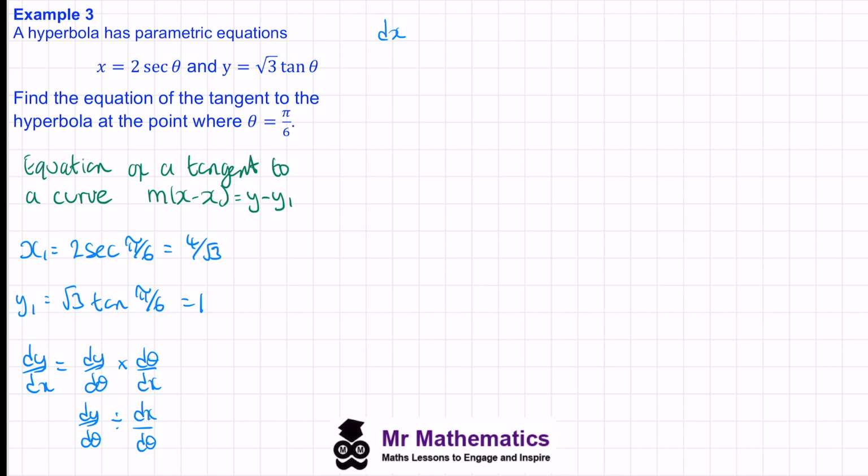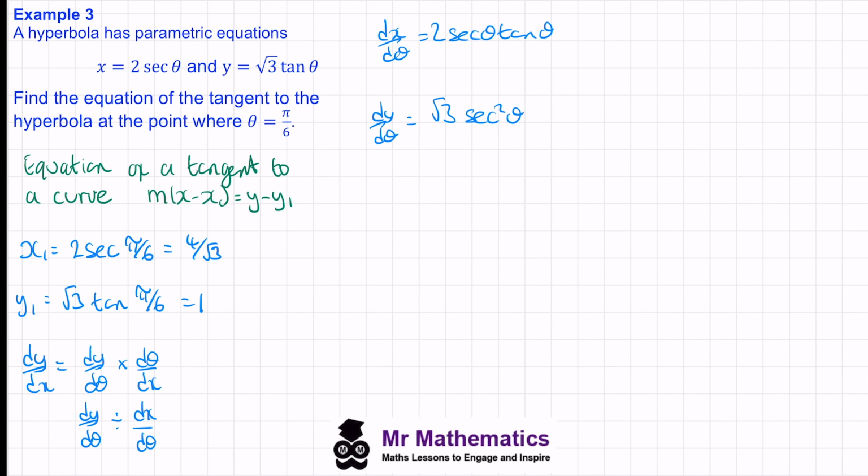So dx by d theta will be the derivative of 2 sec theta, which is 2 sec theta tan theta. And dy by d theta will be the derivative of root 3 tan theta, which is root 3 sec squared theta. And these derivatives are standard derivatives given in the formula booklet.